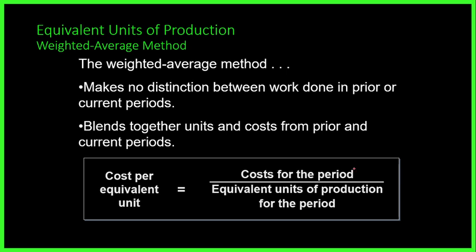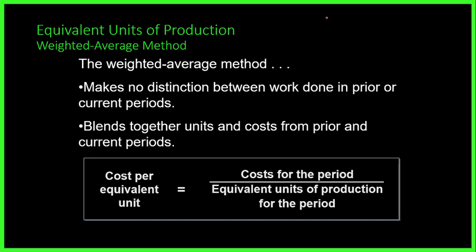But for weighted average, so you don't get confused, your cost this period will include the beginning balance of your work in process. The cost, I'm referring to the cost of the beginning balance, plus the cost this period, or your total manufacturing cost for this period.